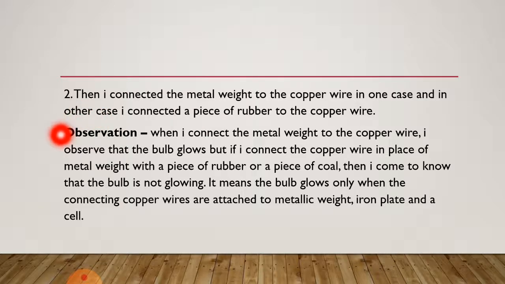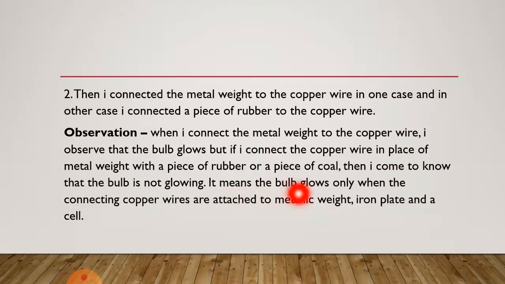Now the observation. When I connect the metal weight to the copper wire, I observe that the bulb glows, but if I connect the copper wire with a piece of rubber or a piece of coal in place of the metal weight, then the bulb is not glowing.